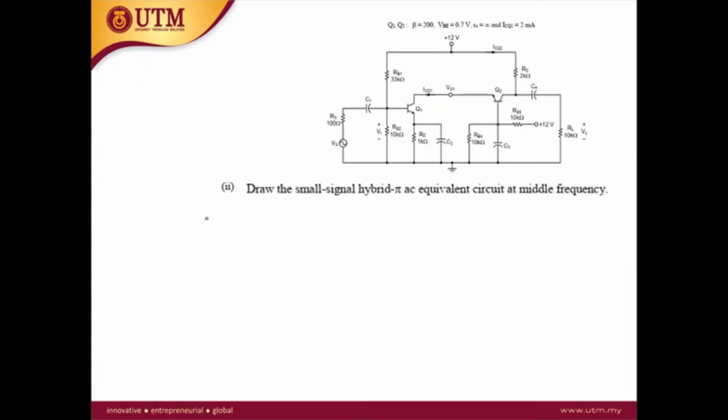So next, the second question: draw the small signal hybrid pi AC equivalent circuit at the midband or middle frequency. As usual, capacitor is short circuit, so RE is removed. Short circuit, RB3 and RB4 is removed. So you'll get this is your VS here.